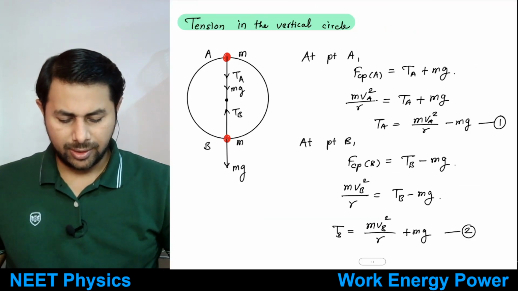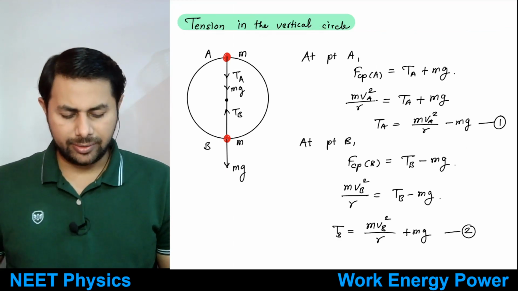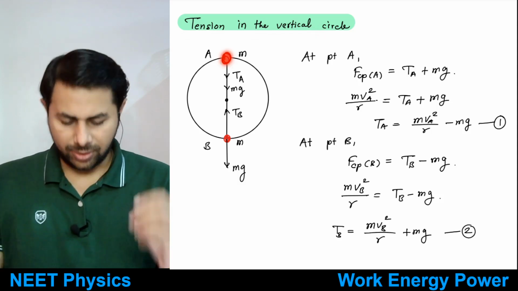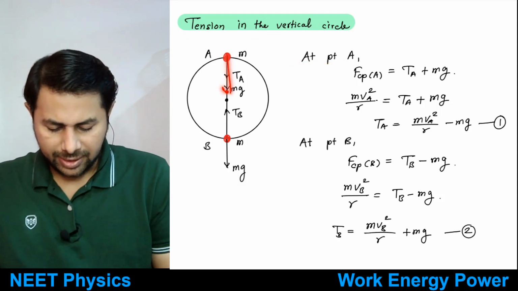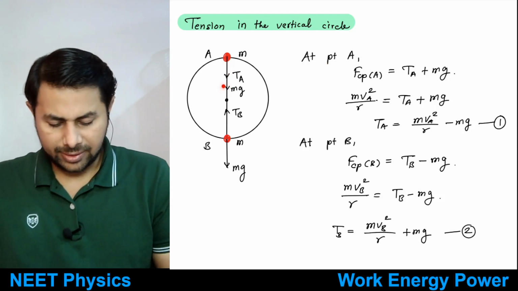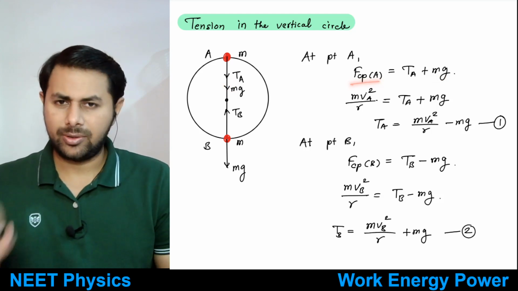Okay, then now let's talk about the tension in the vertical circle. So we just saw that here at the topmost point, that is at point A, the centripetal force is equal to what? The sum of tension at A plus mg, right? Then you can put the value of centripetal force.